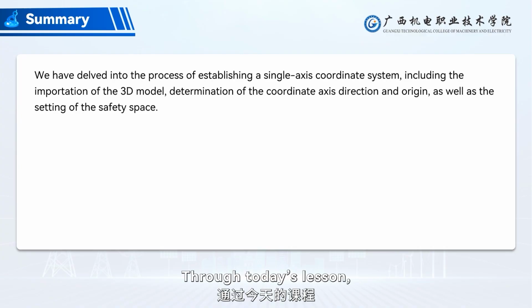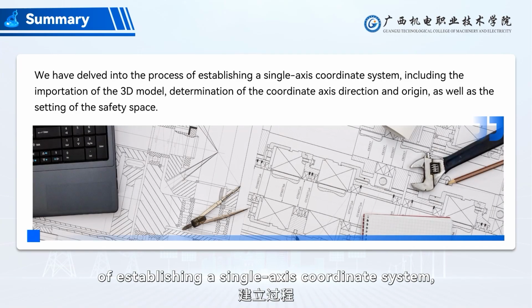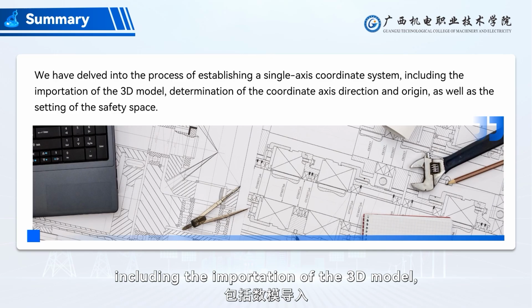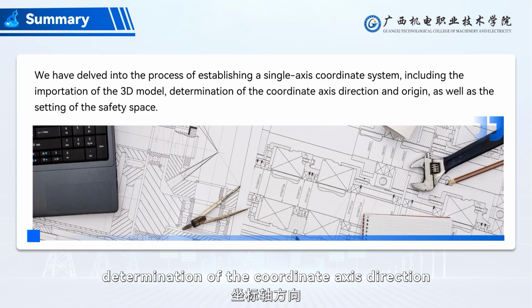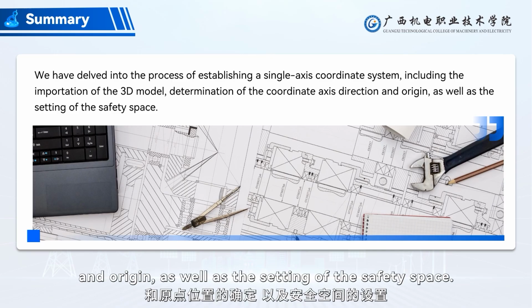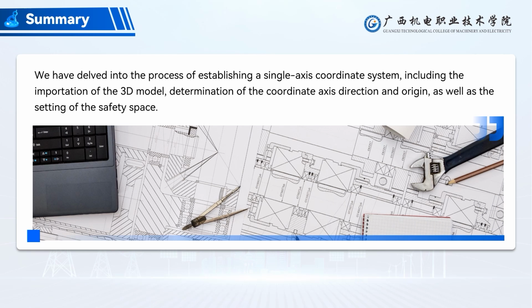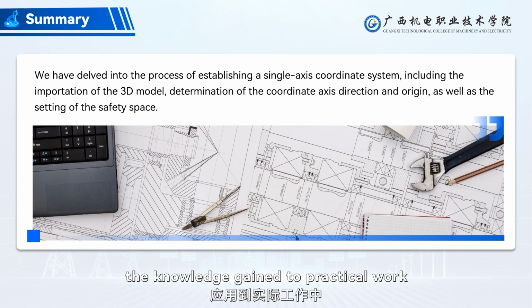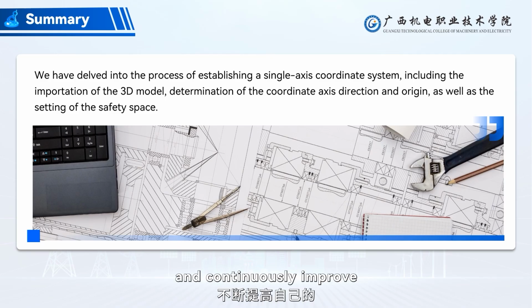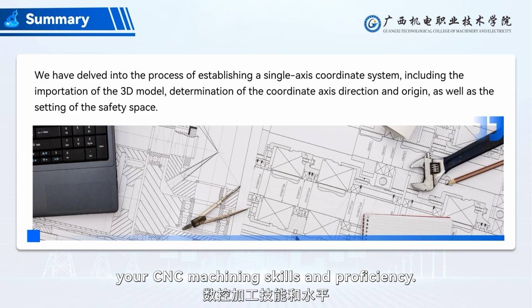Through today's lesson, we have delved into the process of establishing a single-axis coordinate system, including the importation of the 3D model, determination of the coordinate axis direction and origin, as well as the setting of the safety space. I hope everyone can apply the knowledge gained to practical work and continuously improve your CNC machining skills and proficiency.